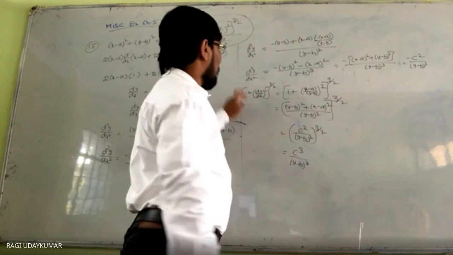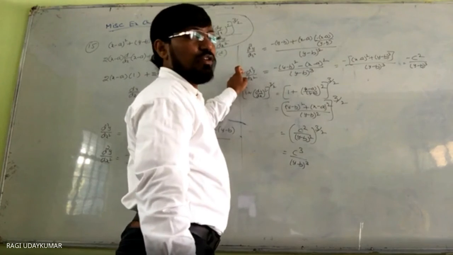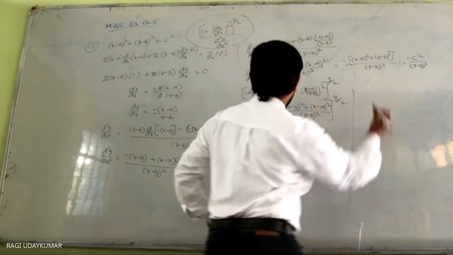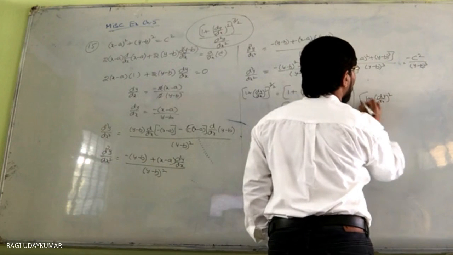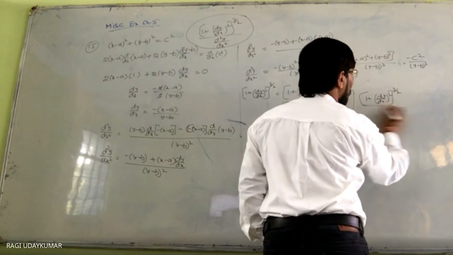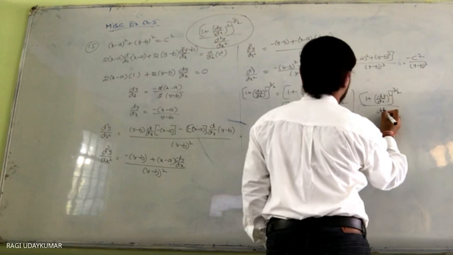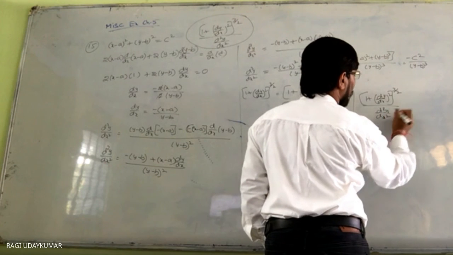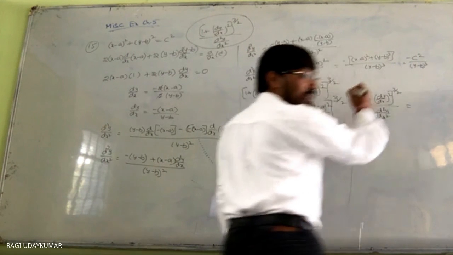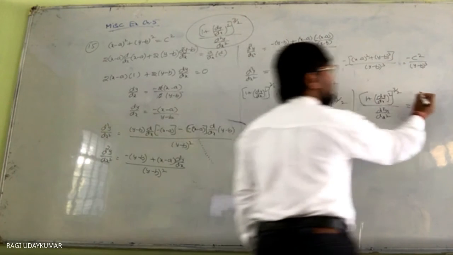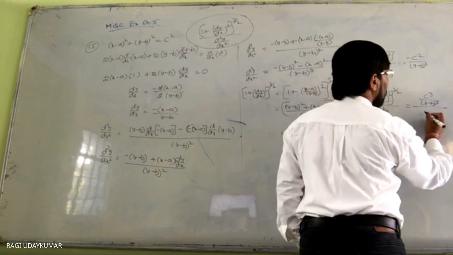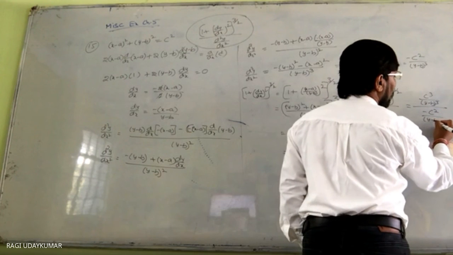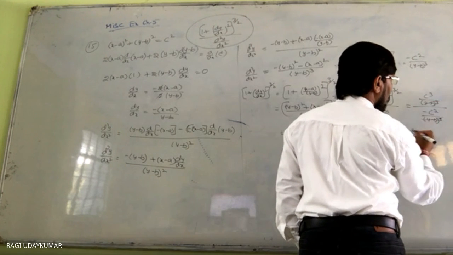Now this one divided by this one is what we are asked to prove. So that is nothing but 1 plus (dy by dx) whole square, whole to the power of 3 by 2, by d square y by dx square, is equal to c cube by (y minus b) cube divided by minus c square by (y minus b) cube. These two cancel.